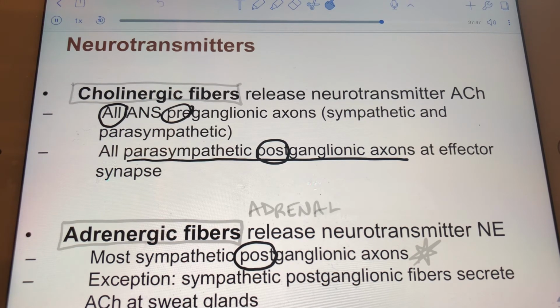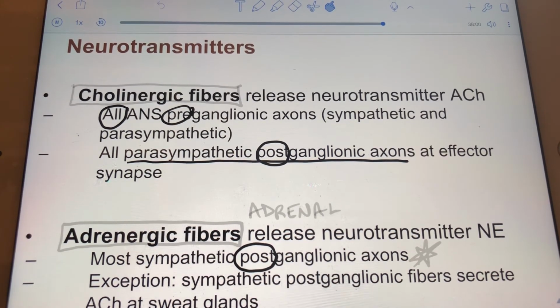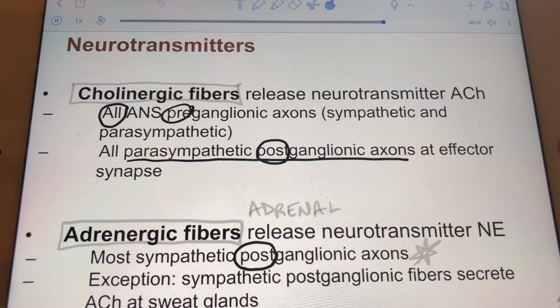Okay, the one exception is that sympathetic postganglionic fibers that synapse with sweat glands do actually secrete acetylcholine. But because that's the exception rather than the rule, we're going to emphasize that postganglionic adrenergic neurons are going to secrete norepinephrine.